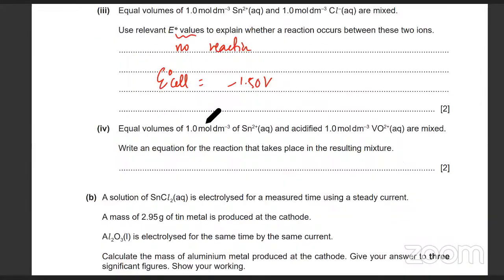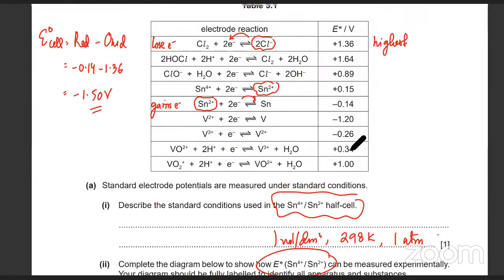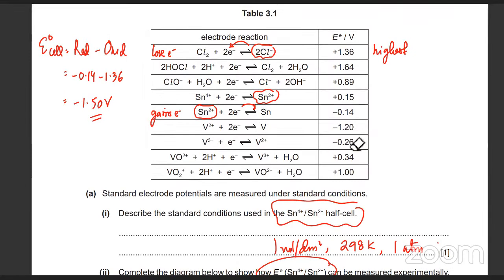The next one is: equal volumes of Sn2+ and VO2+ are mixed. Write an equation for the reaction that takes place in the resulting mixture. So now it's VO2+ and Sn2+. Let me get rid of all of this. I've got VO2+ over here, and I've got Sn2+ in two equations.